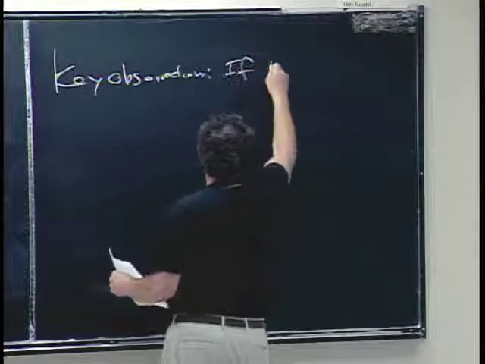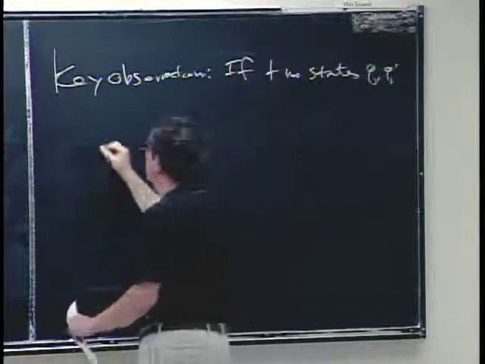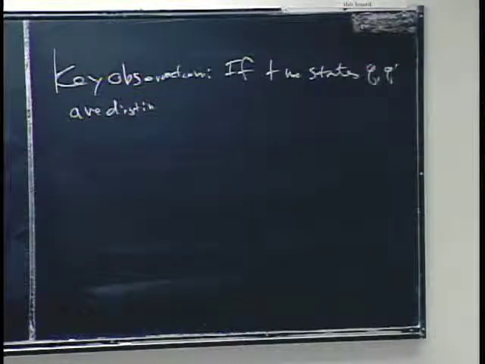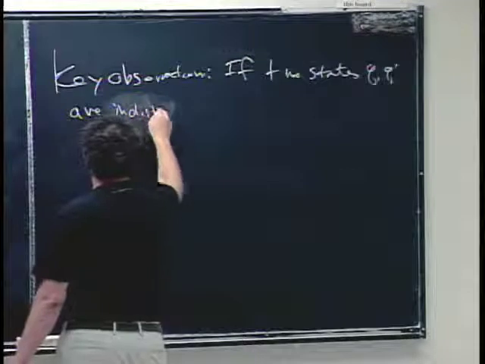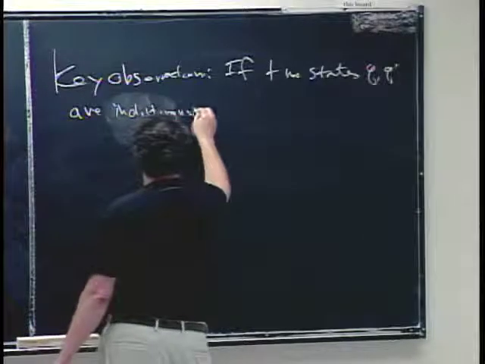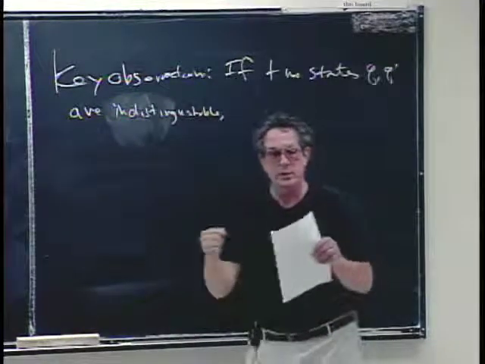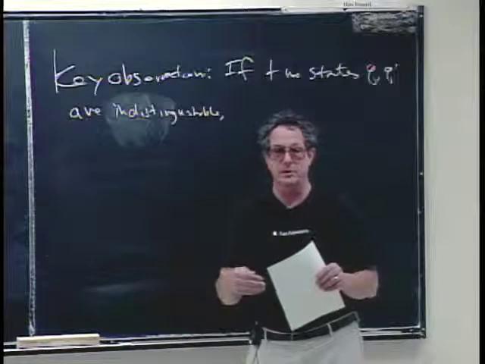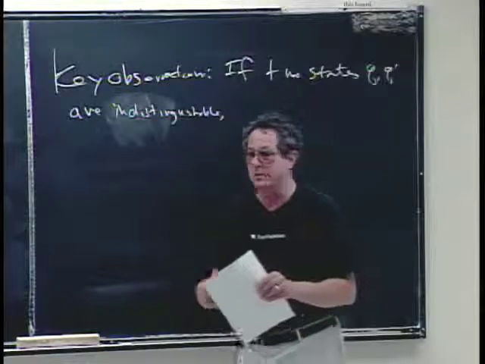If two states, let's say Q and Q prime, are indistinguishable, however you spell it, indistinguishable, then we can effectively merge those two, merge Q and Q prime into a single state in a particular way that I'll describe in a minute, so that the new DFA recognizes exactly the same language as the original DFA.